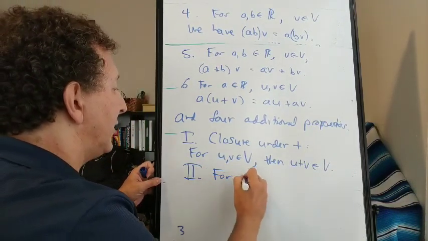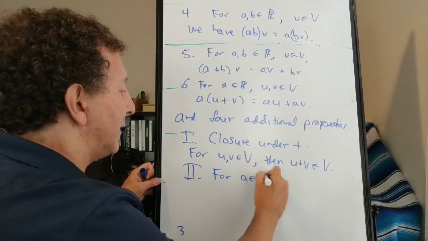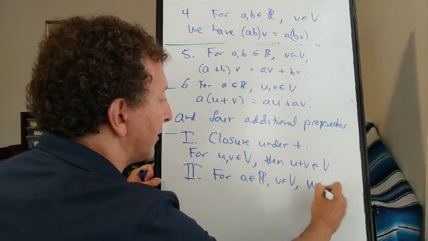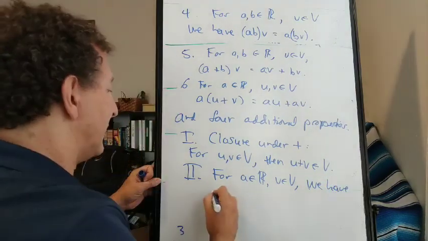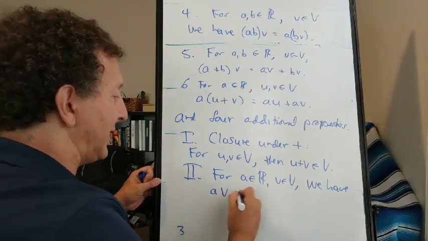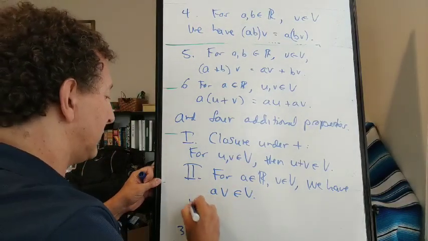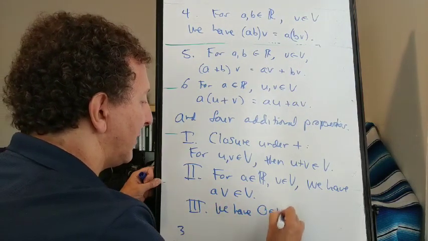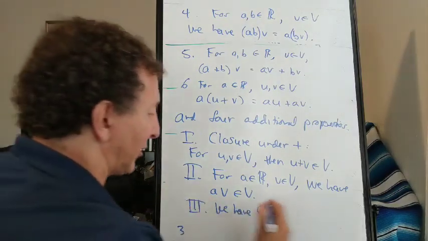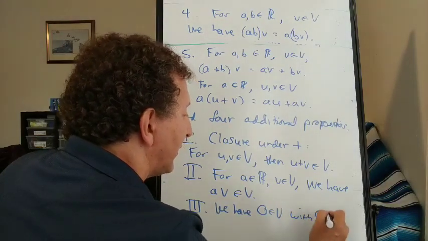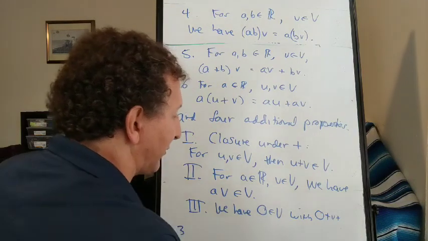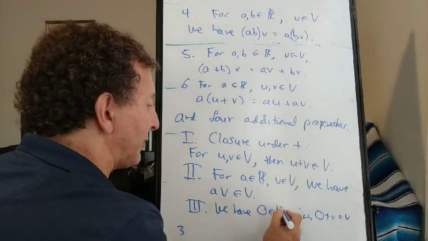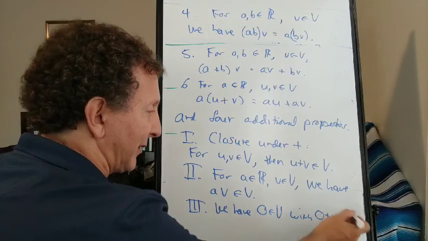Two, if we have a scalar a and a vector v, then the scalar product of a times v has to be a vector. Three, we have to have a zero vector in the space with 0 plus any vector equals itself. So this is supposed to be a capital V, a 0 in the vector space with 0 plus any vector equals itself.